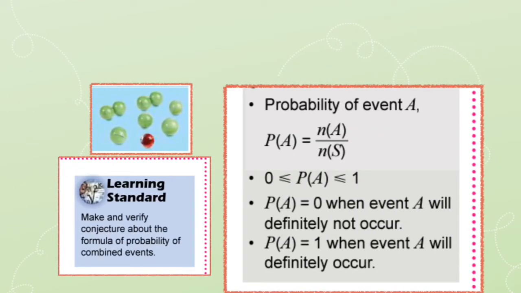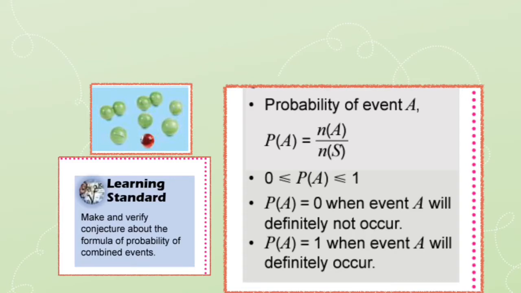Probability of event A is equal to the number of event A divided by the number of the sample space. The probability value is between 0 and 1, inclusive of 0 and 1. So the minimum is 0, the maximum is 1.